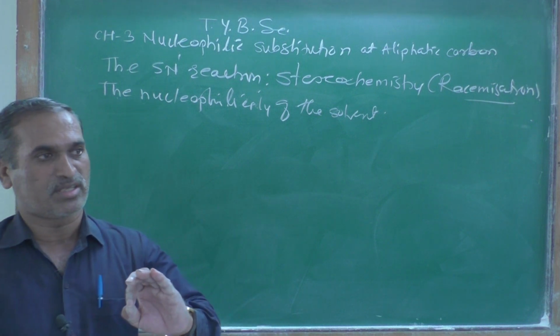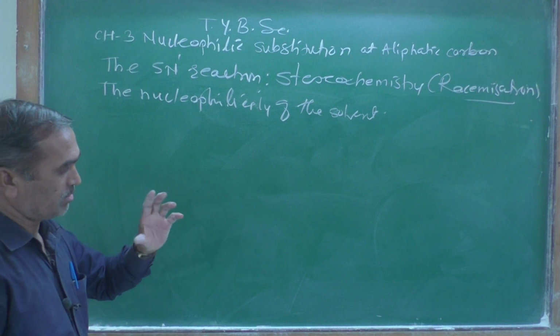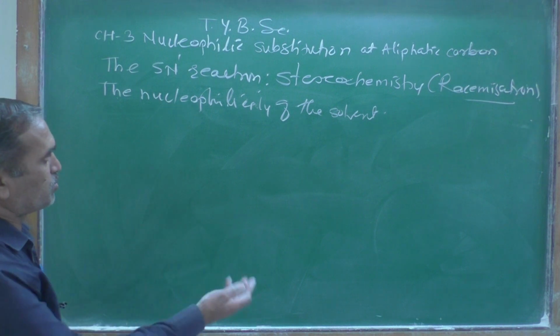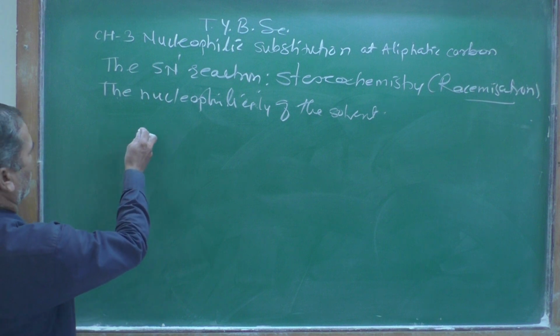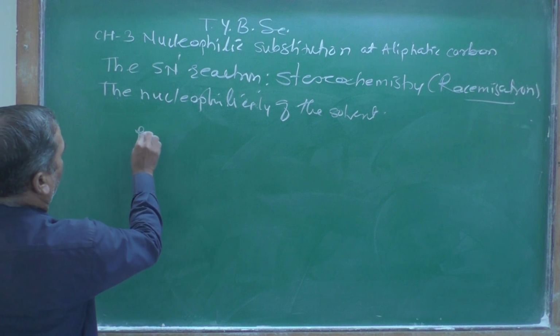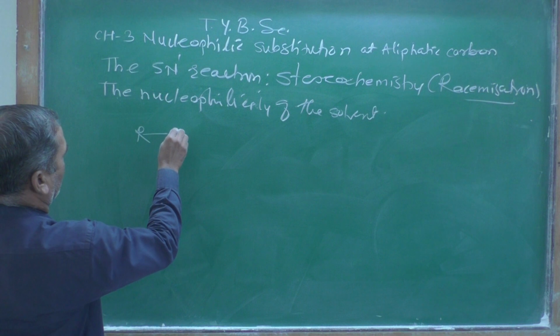As we know, as polarity goes on increasing, the stability of that carbocation also goes on increasing. Let us see one general reaction here. I am trying to explain this.